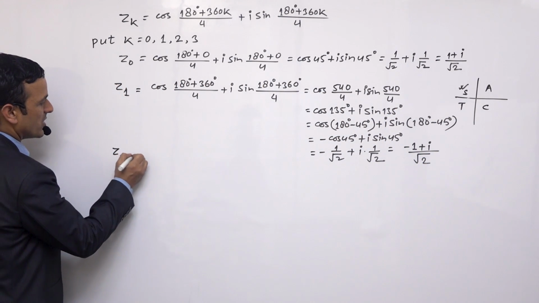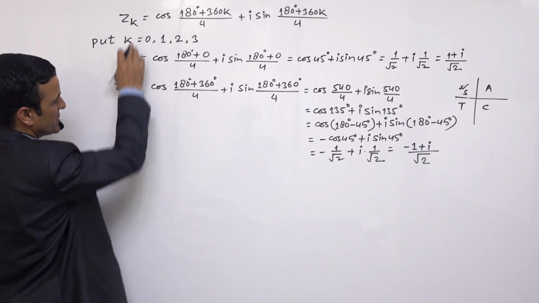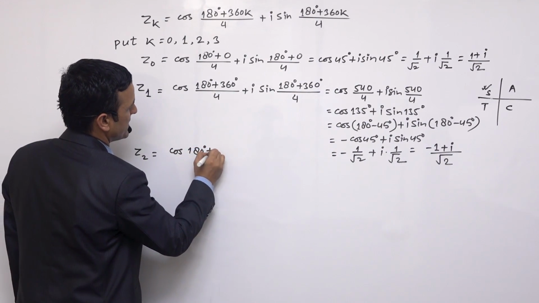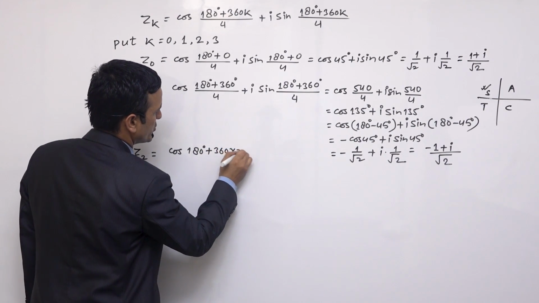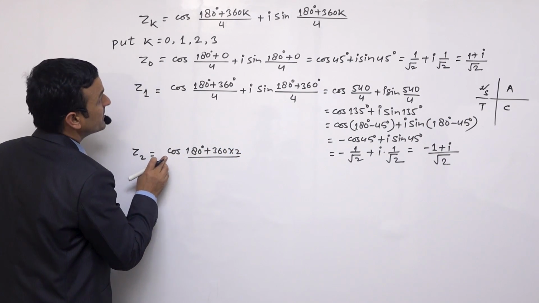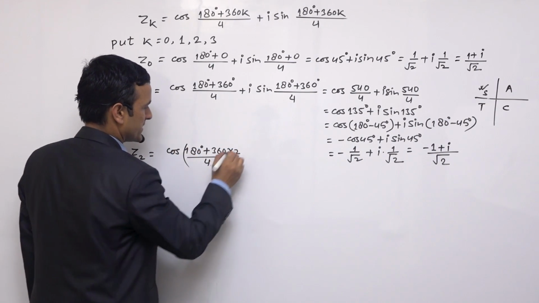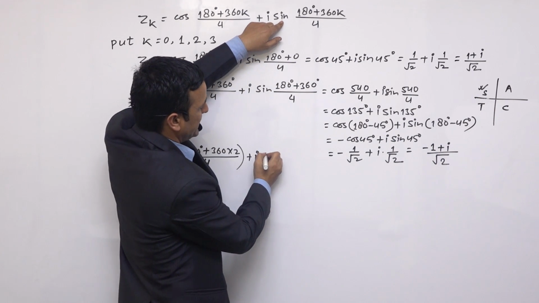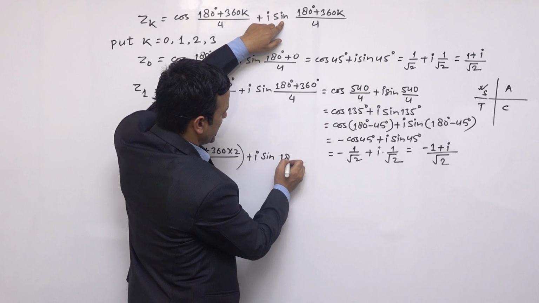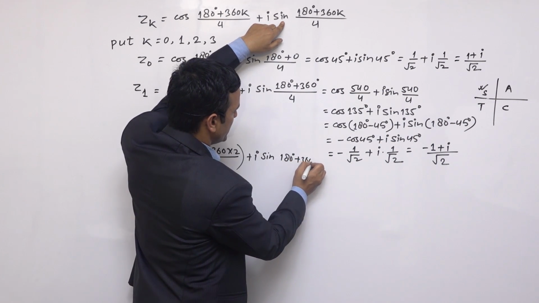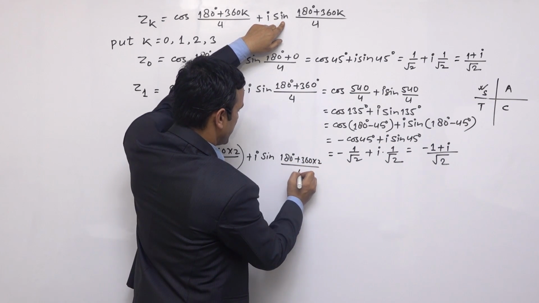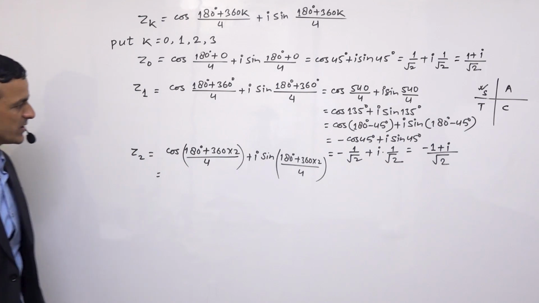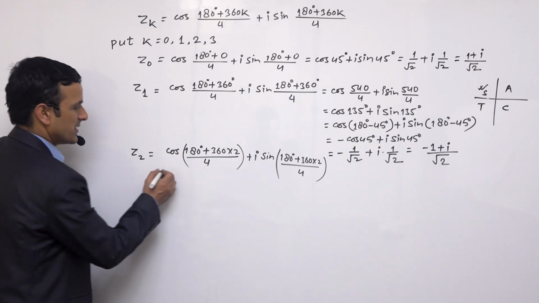If you put the value of k as 2 in this step, then we get cos (180 plus 360 into 2) divided by 4, and i sin (180 plus 360 into 2) divided by 4. So this is another solution. Now we can calculate this value.